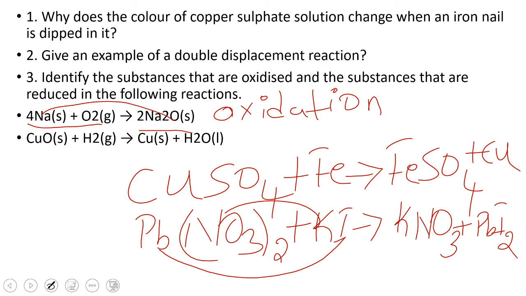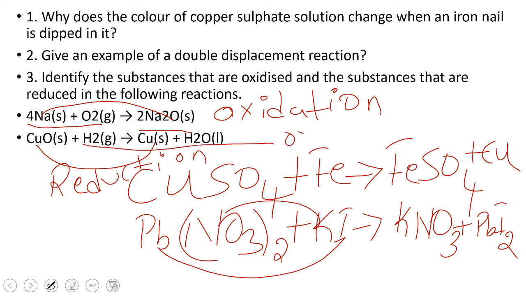Now this is the reaction we have already done before. Copper oxide gets reduced, that is reduction by removal of oxygen. Here hydrogen gets oxidized, and this is called oxidation. So you have to say copper oxide gets reduced to copper, and hydrogen gets oxidized to water.